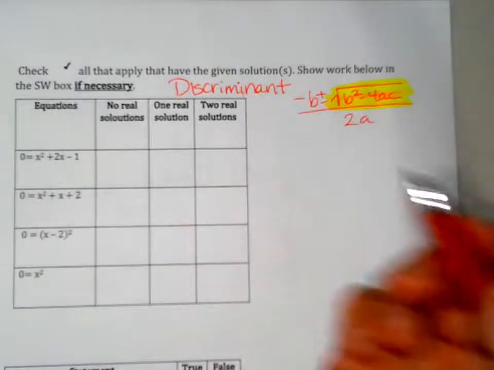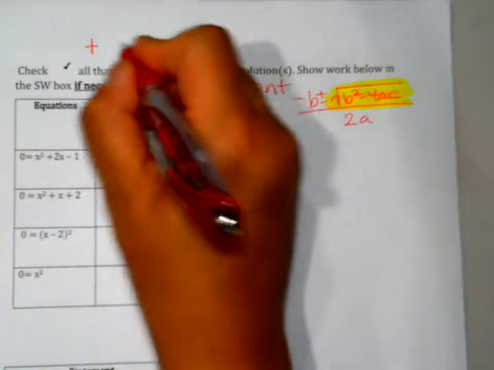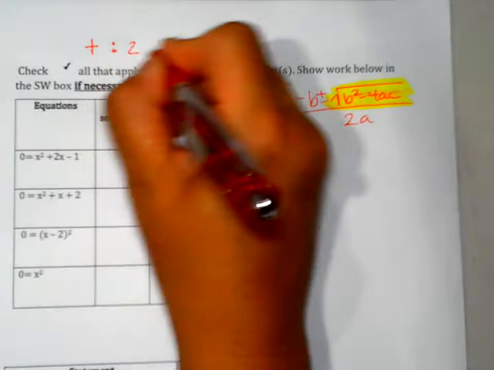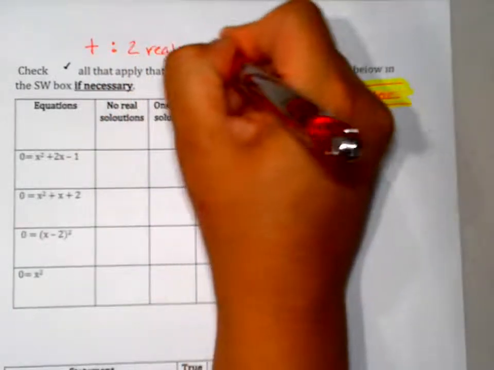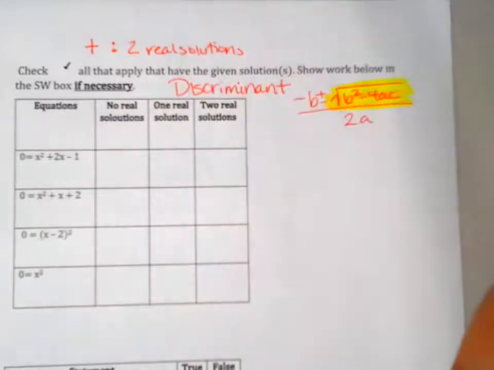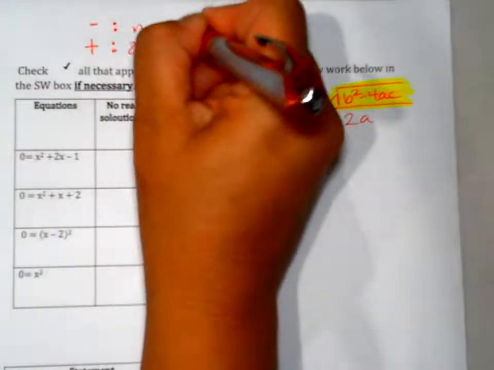So just remember, you guys, if the discriminant is positive, then there are two real solutions. Positive discriminant, two real solutions. Negative discriminant, no real solutions.